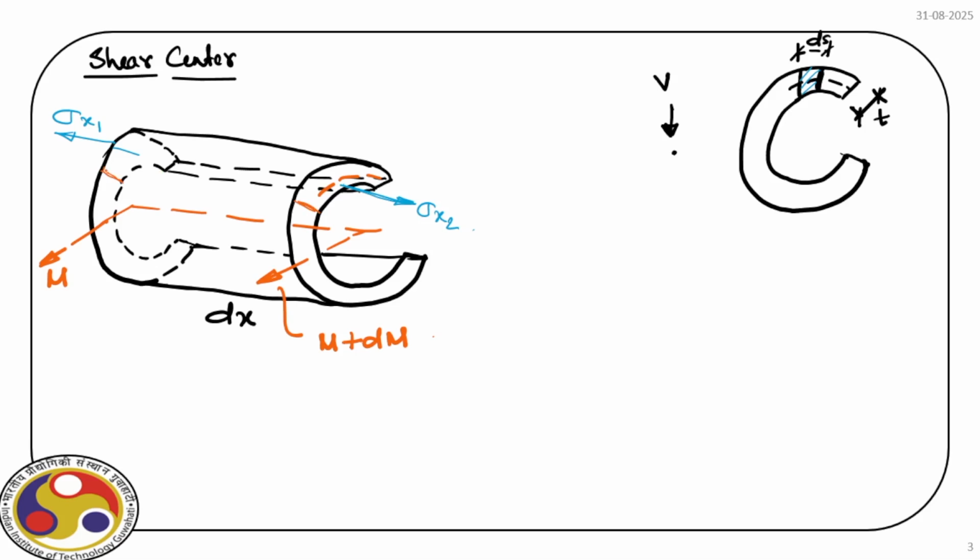So if you see, this is the cross section. Now at the section level the shear flow will go like this, and here obviously we'll have it in the opposite direction, and that's how the shear flow will occur.